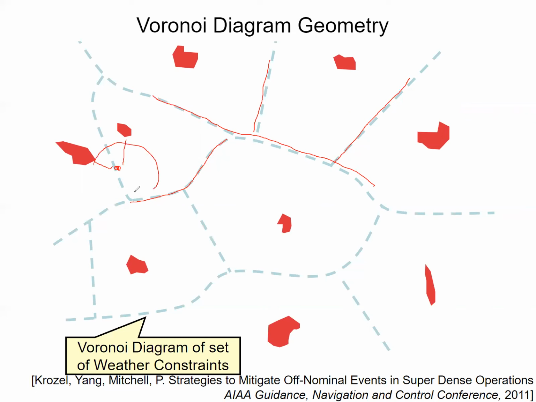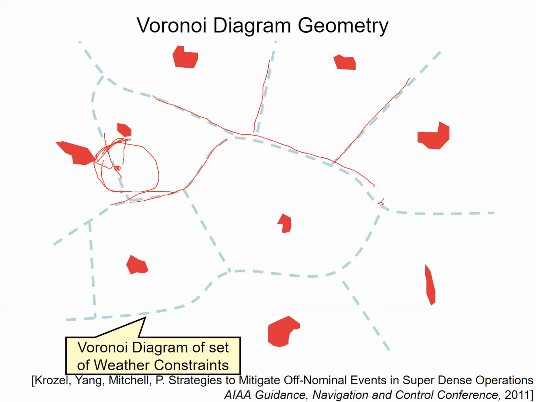So if you were to grow a circle centered on any point along the medial axis, then the circle would touch two obstacles at the same time. So these medial axes are as far from the obstacles as possible.